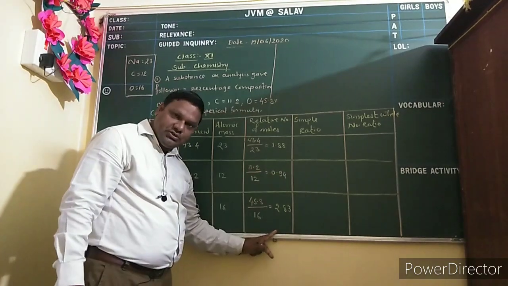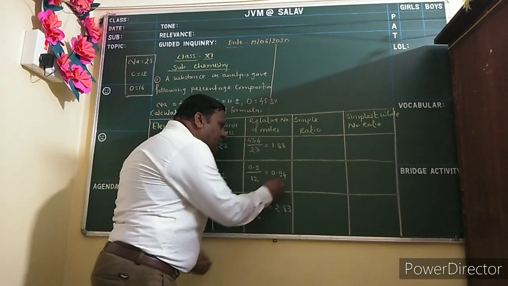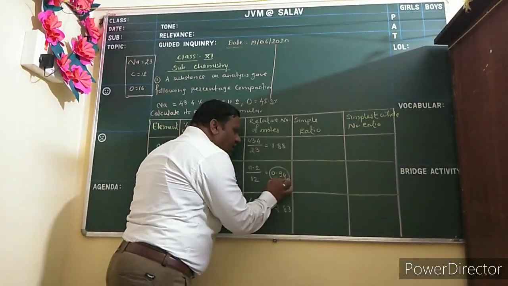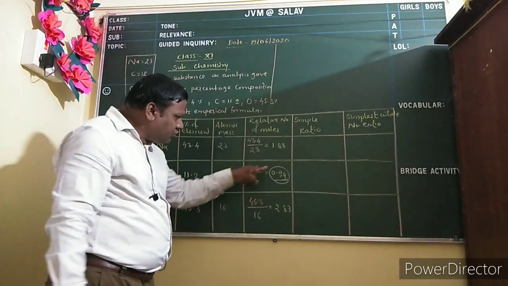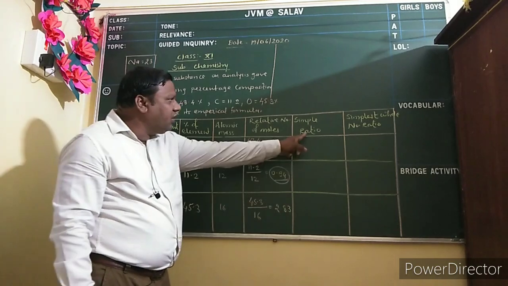Now listen carefully. You got three different numbers. Which one is the smallest number? The smallest number is 0.94. So divide all these numbers by it in the next step.